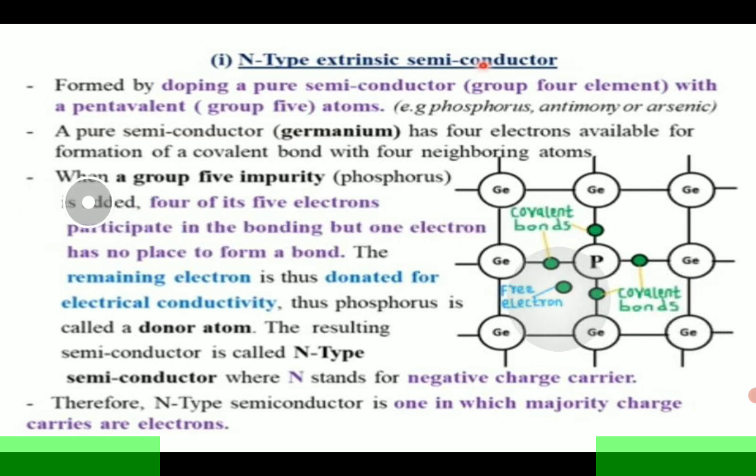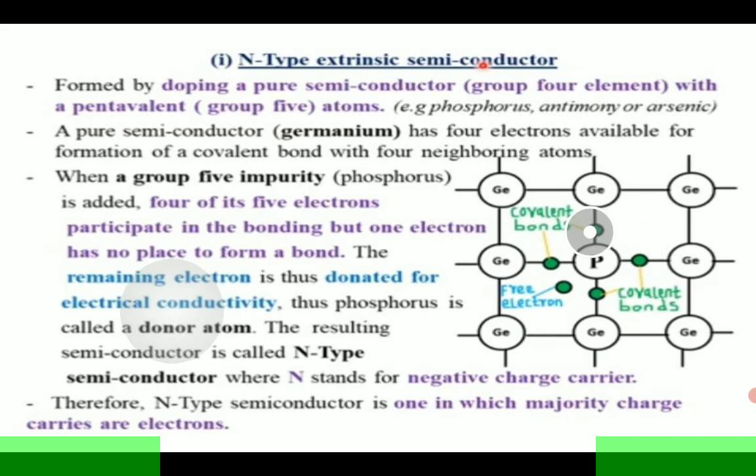So when a group 5 impurity, such as phosphorus, is added, 4 of its 5 electrons participate in the bonding, but 1 electron has no place to form a bond. Listen very carefully there. This is what we are saying: when you place phosphorus here, phosphorus belongs to group number 5 of the periodic table.